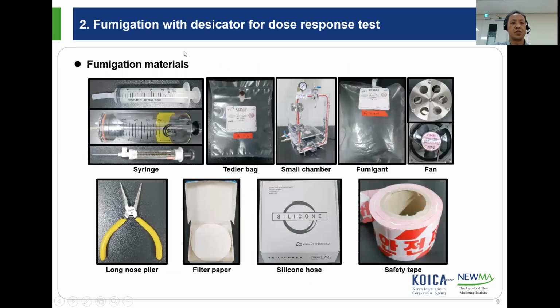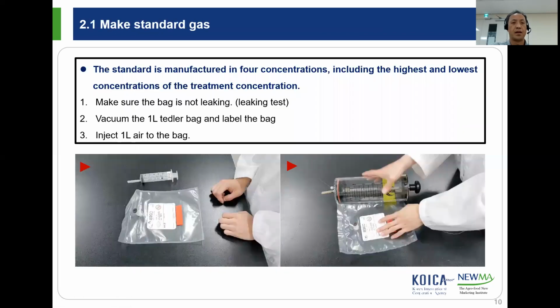For fumigation, we need materials like these: syringe, Tedlar bag, small chamber, fumigant, fan, filter paper, silicone hose, and safety tape. During fumigation, you should check the concentration of fumigant to calculate the CT product and assess mortality according to the CT products.